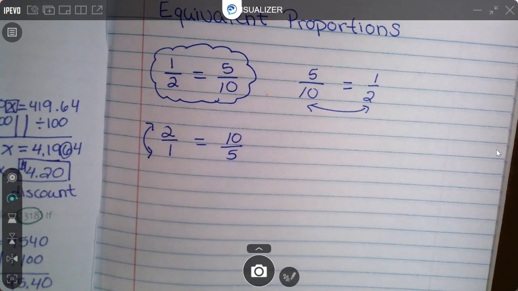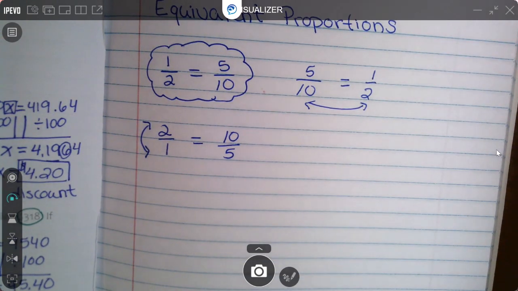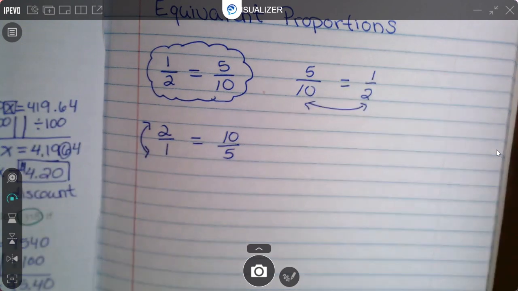The easiest way that I have found to check and make sure the proportion is correctly rearranged is to look at your cross products. So we know that cross products are always going to be the same in a proportion, okay?